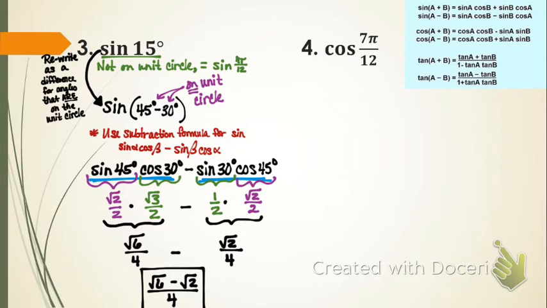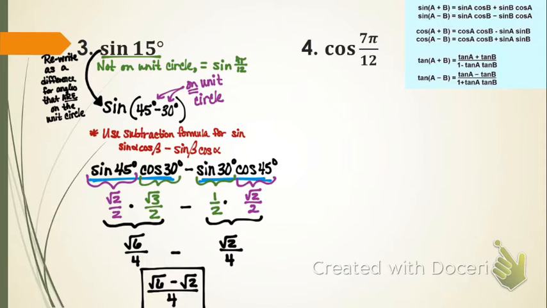For number 4, is 7 pi over 12 on my unit circle? No. So I need to think up some way. With sine, we decided to use subtraction, but I picked two values off my unit circle so that when I subtracted them, I got 15 degrees. I need to think up some way to take values that I know from my unit circle and either add them together or subtract them and end up with 7 pi over 12.